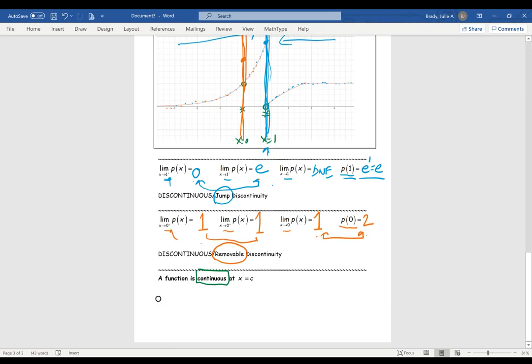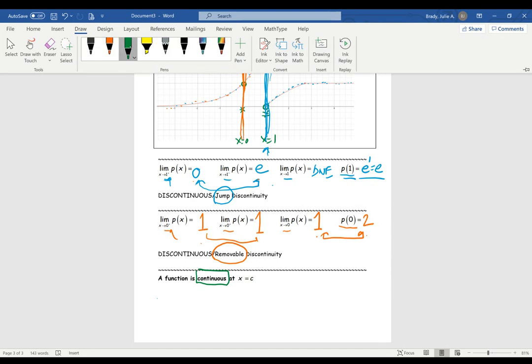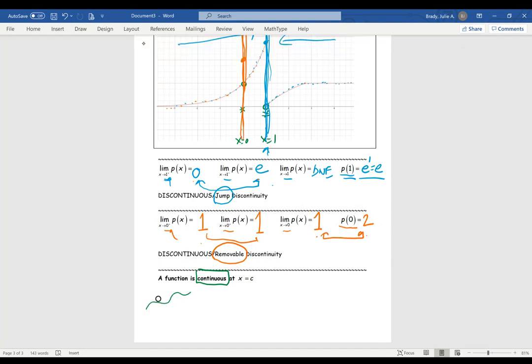So you may have talked about the word continuous back last year. Most times people tell me, oh, the graph is connected, there's no jumps, it's nice, Miss Brady.